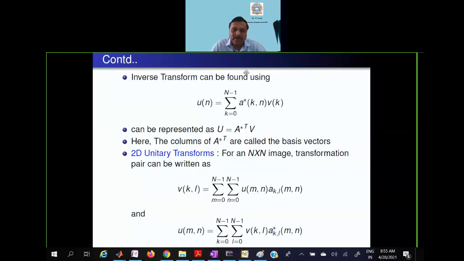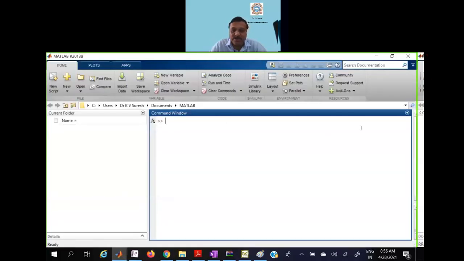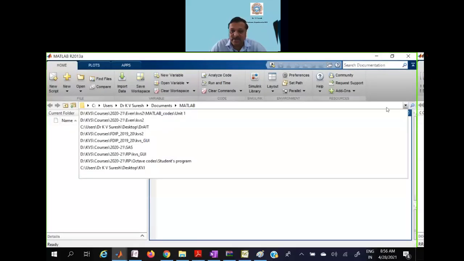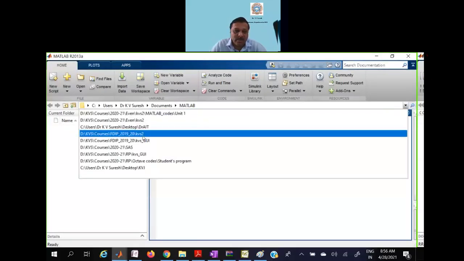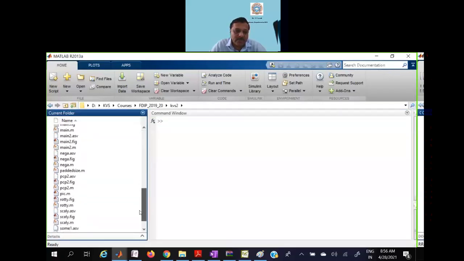Before we wind up, I just want you to observe this graphical user interface that was developed by a group of students long back. I think this was done almost during 2010, I believe.